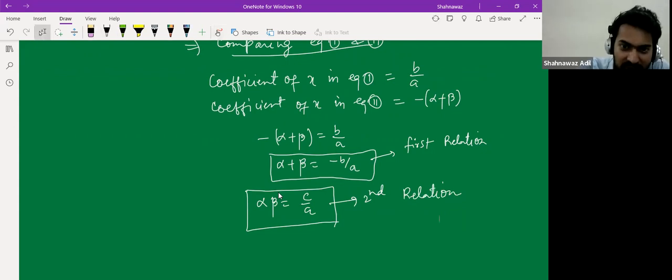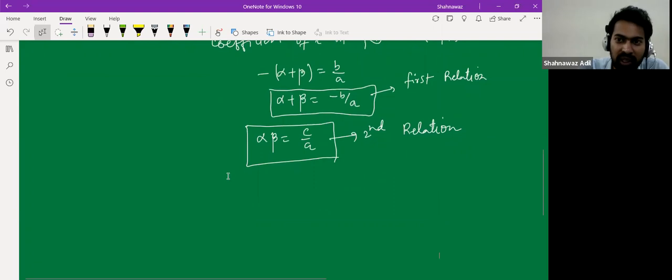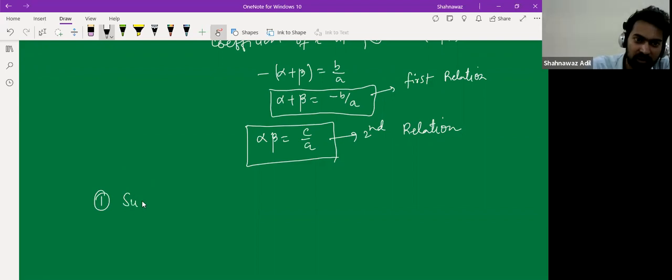So you have proven two relations between the zeros of the polynomial and the coefficients of the polynomial. The first relation is that the sum of the zeros is minus b by a.